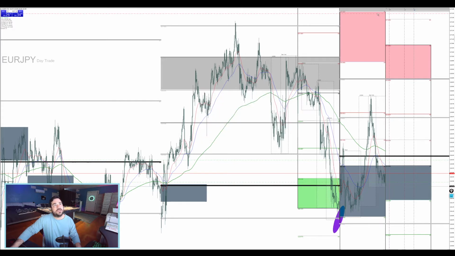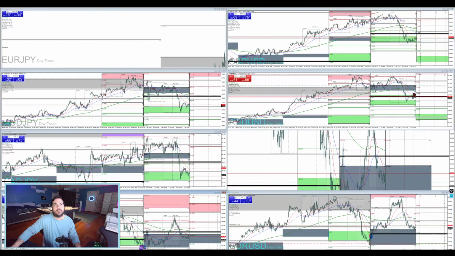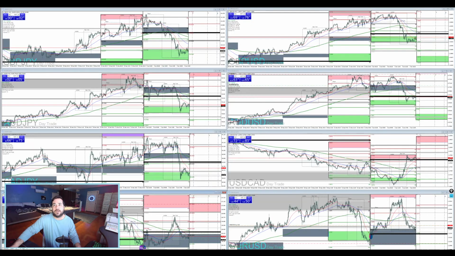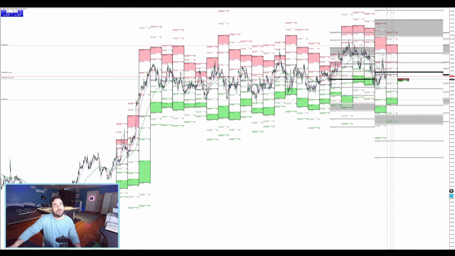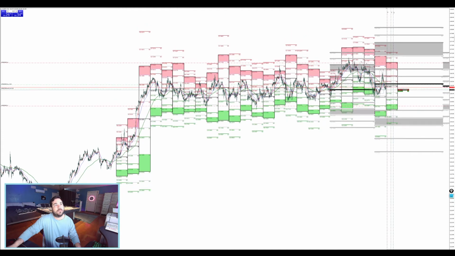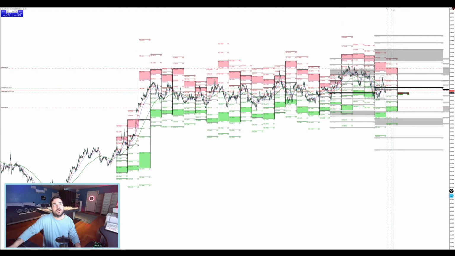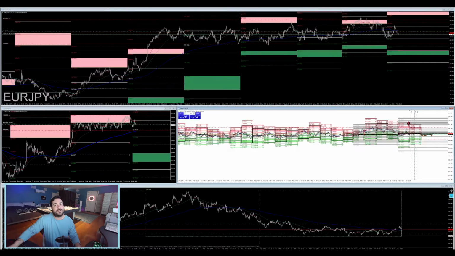Okay, so let's just adjust this take profit from today. Let's minimize this here real quick. Let's go into my euro yen. Oh yeah, very much medium size zone. That's perfect.